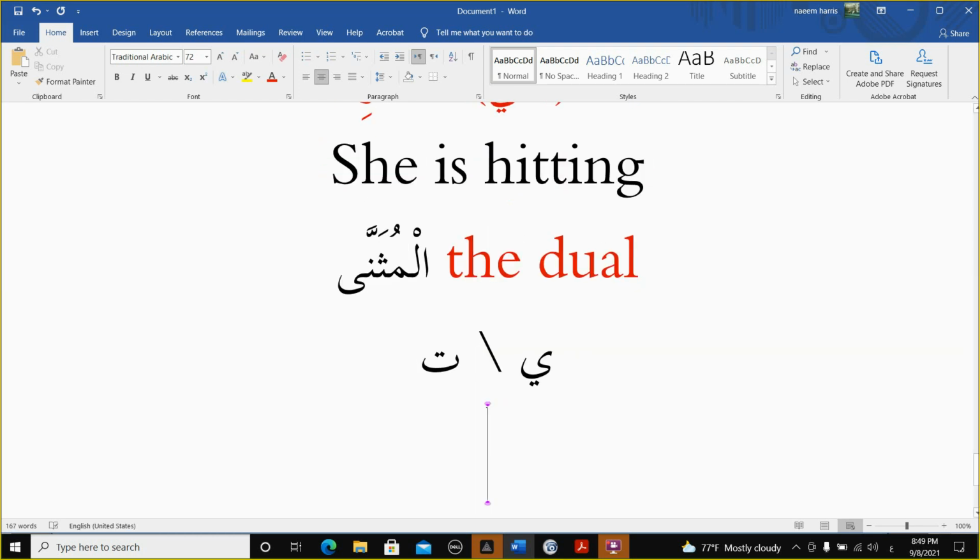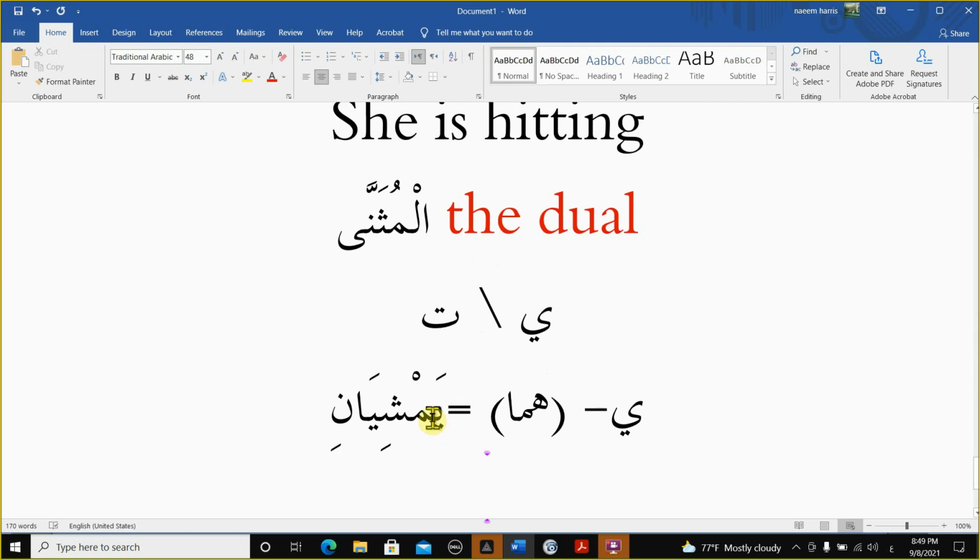For example, you say ya, this is going to represent huma, those two men. Yamshiyani, those two men are walking. You see the ya.